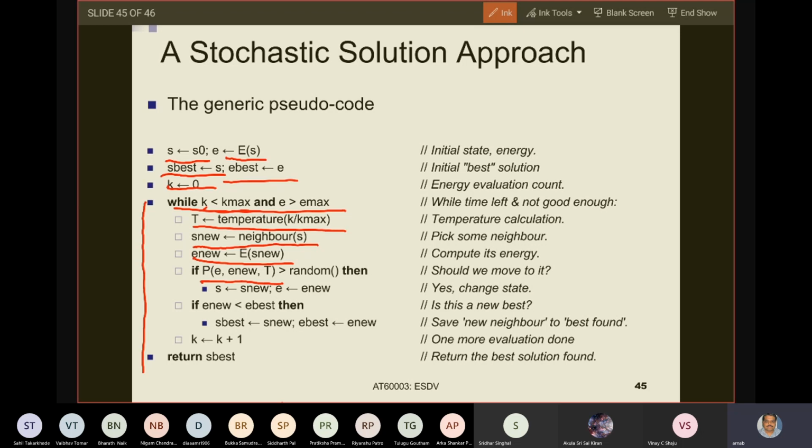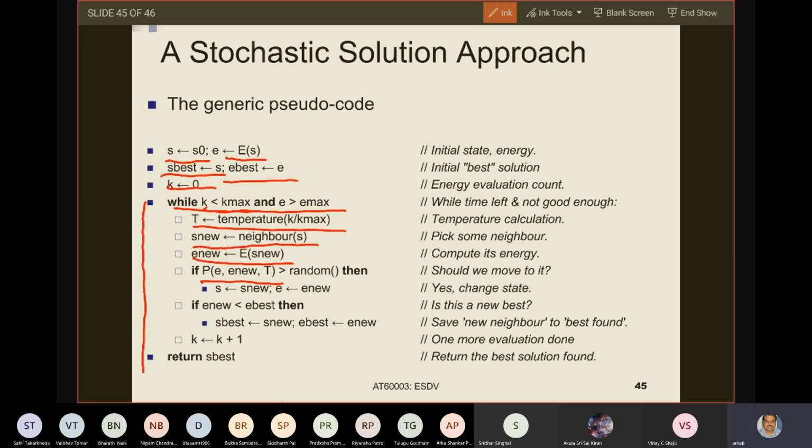I'm just telling you in the next slide. P says that if your new solution is better in terms of software execution cost than the current solution, always accept it. However, if it is not so, then you will accept it with a probability. So even if the new solution is worse, you will still accept it with a probability.